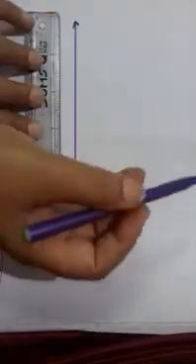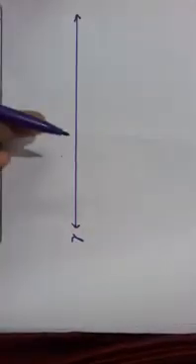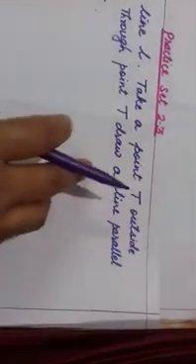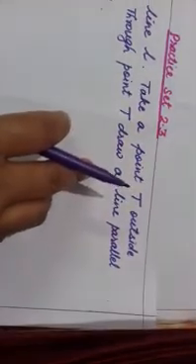Name it as L, and again you have to take a point T outside the line. What is given in the question? Point T outside the line. So let us take a point outside. Where is our line? Our line is here. So we will take a point outside the line.